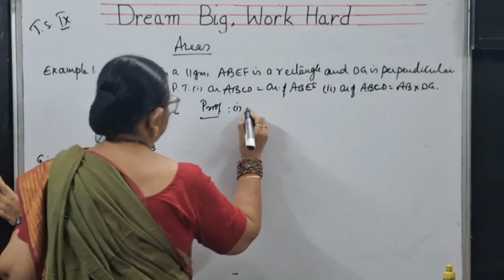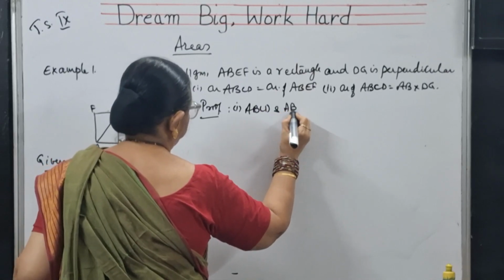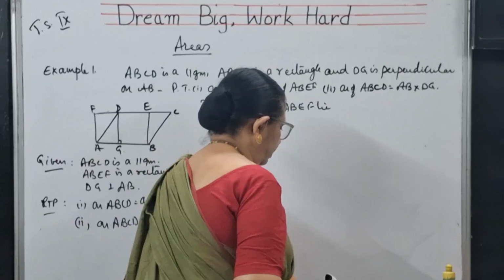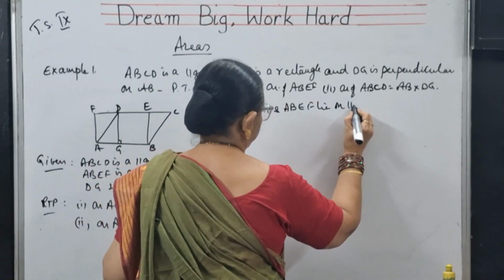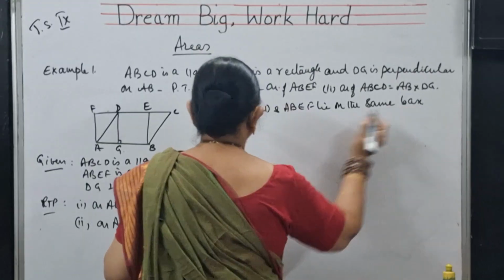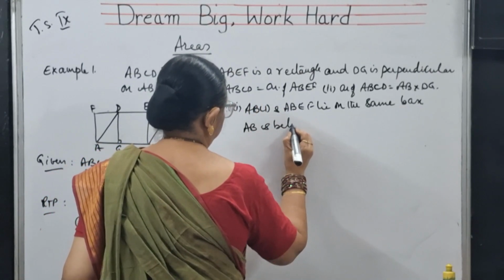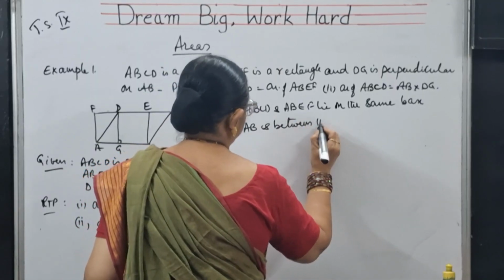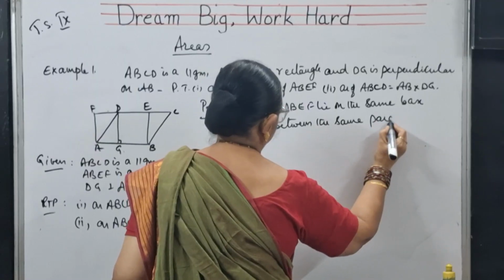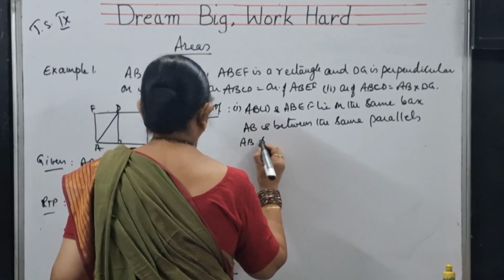So I can write that ABCD and ABEF lie on the same base AB and between the same parallels AB and FC.